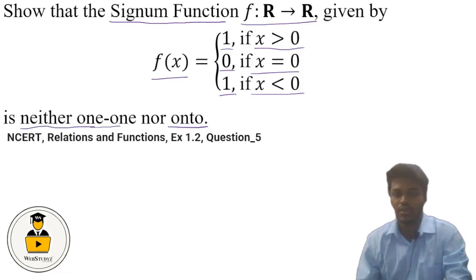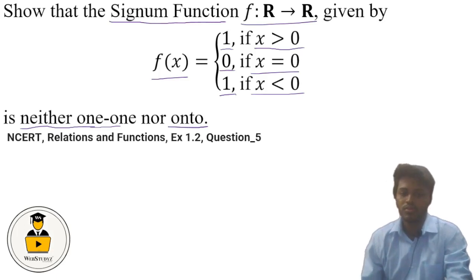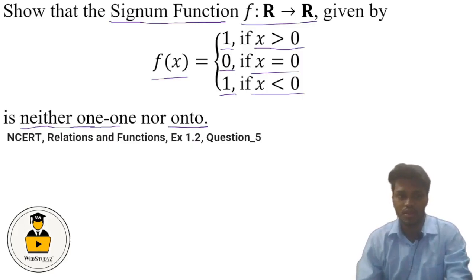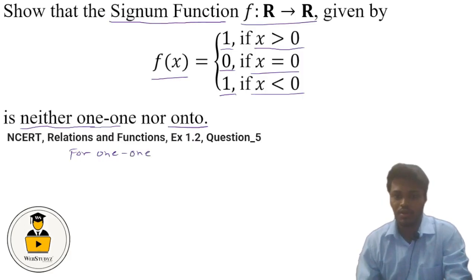So in this question we need to prove that the given signum function is neither 1-1 nor onto. First we need to understand what we mean by a 1-1 or onto function. For a 1-1 function, we take some elements from the domain and find the value of the function at those points.